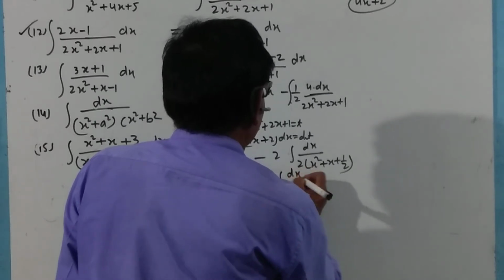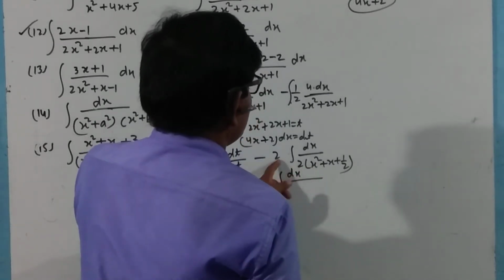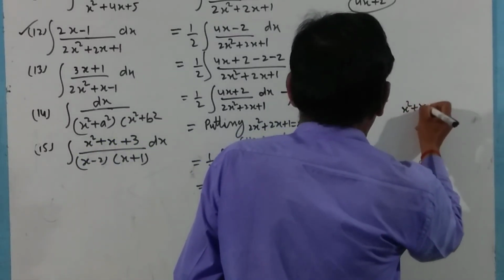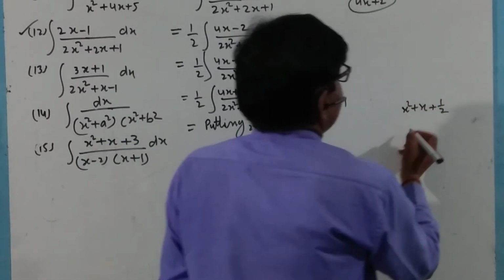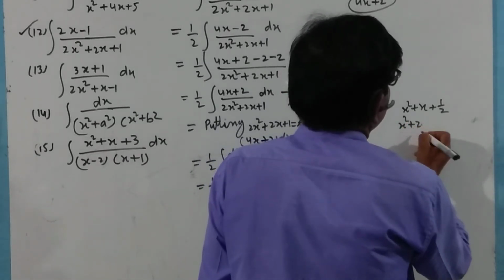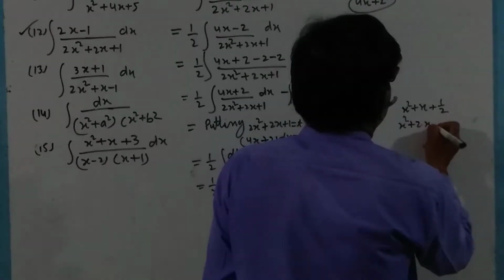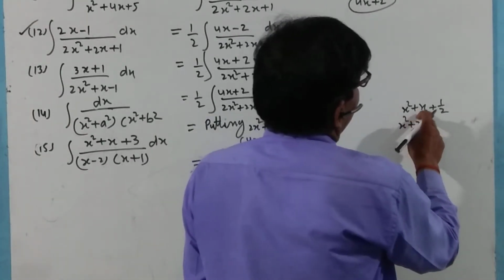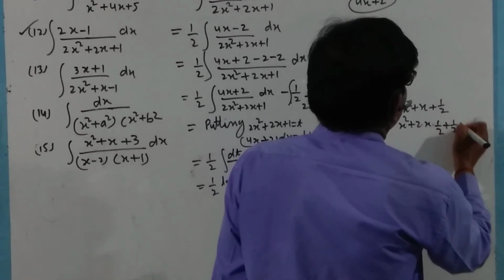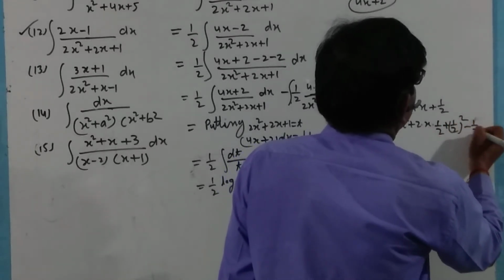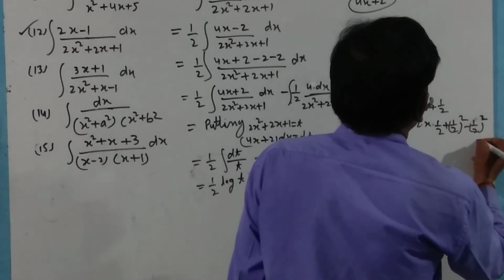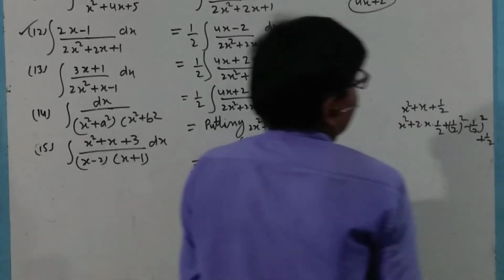of dx divided by, 2 cancels, arrange this as x² + x + half. This arranges as x² + 2 into x into 1 by 2, adding and subtracting, so this is also plus half here.